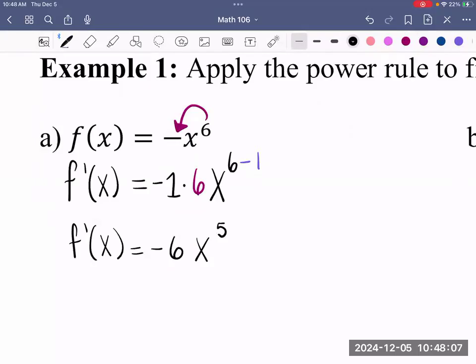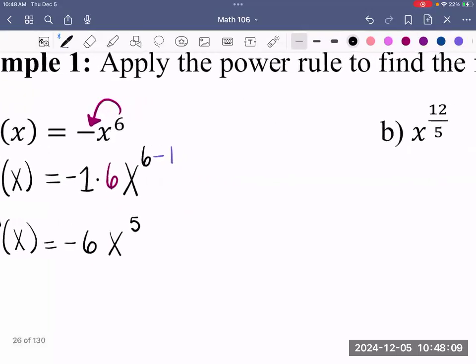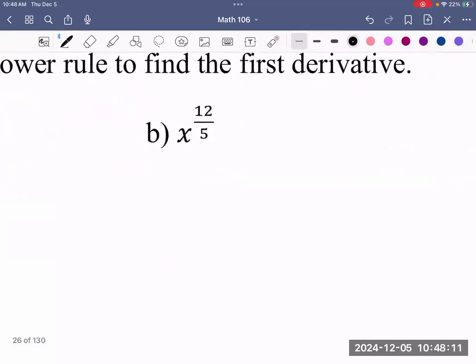And there you go. Let's try it again. Step 1 for your first derivative: x, we drop it down and multiply. We're just multiplying by 1 here. Then you have x to the 12 over 5.